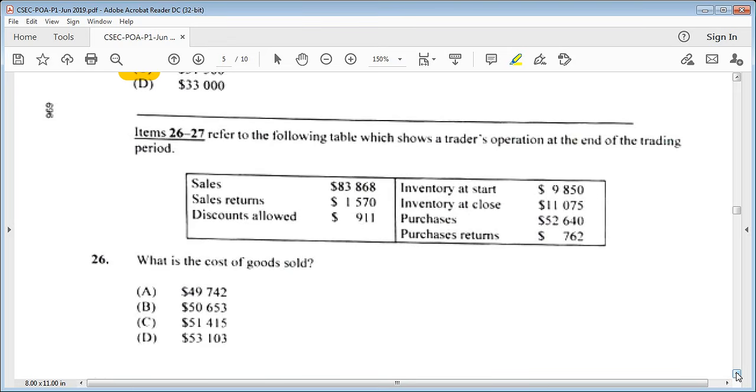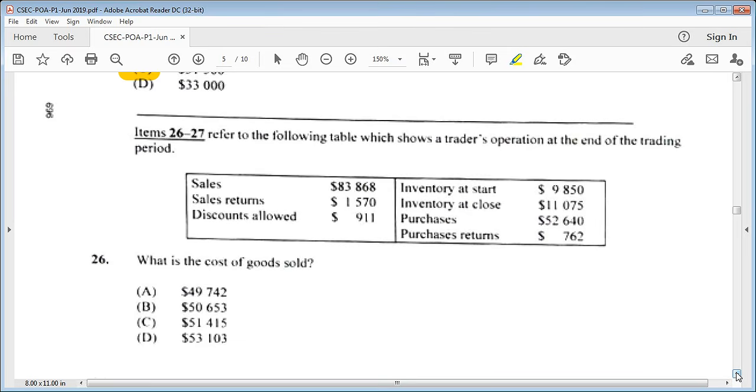So what is our trading profit and loss account now? Let's look at it. Our sales is $83,868. We're going to less sales return, which is 1,570, from that. Our sales return is the same as our return inwards. So when we deduct 1,570 from 83,868, we get 82,298. Now we're going to less cost of goods sold. We have our opening stock, inventory at start, 9,850.